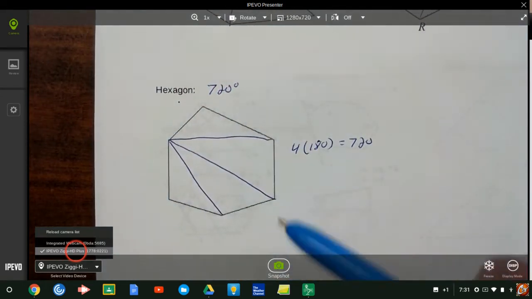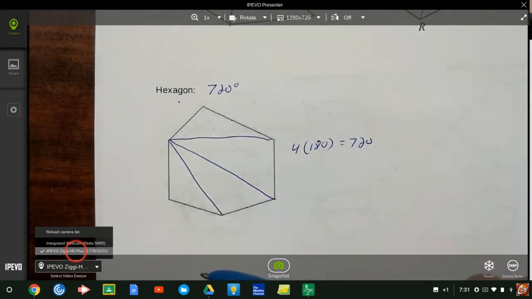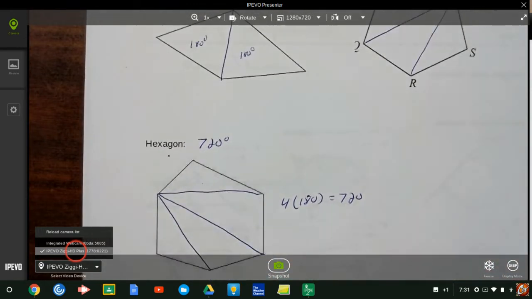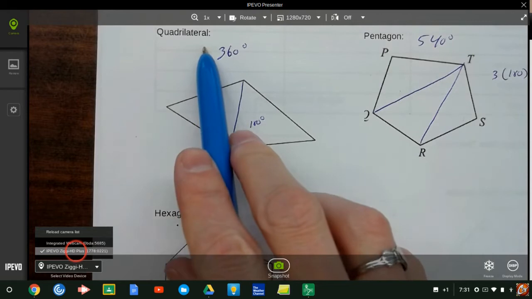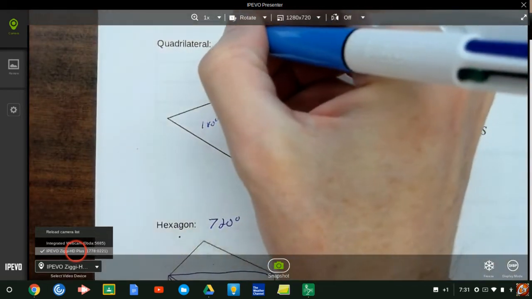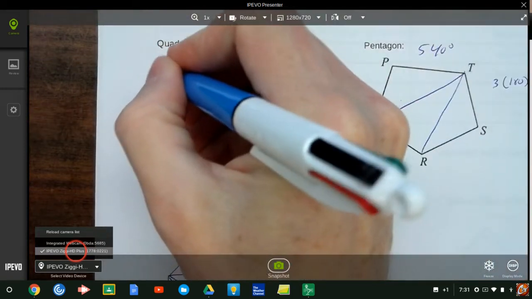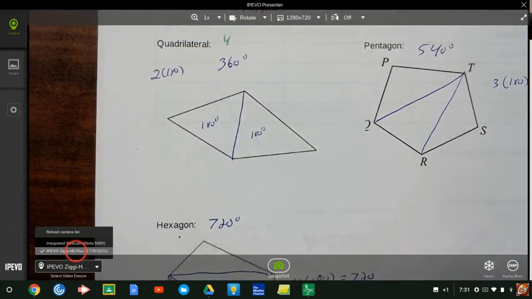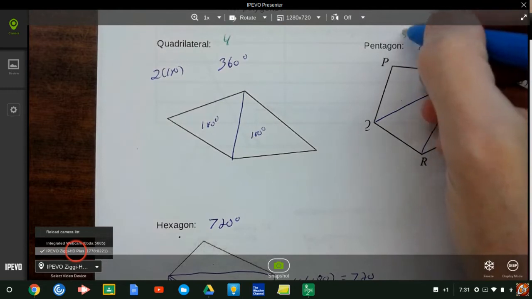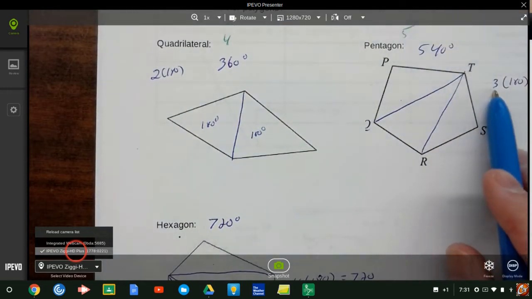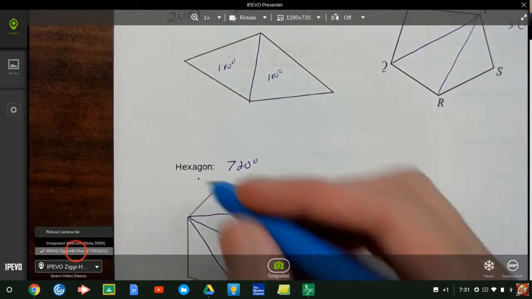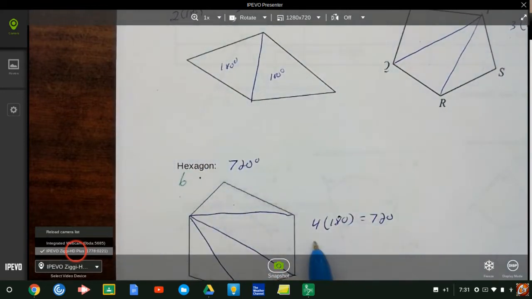It'd be nice if we could do this without having to draw these triangles every single time. So let's look at how the numbers are relating here. Quadrilateral, 4 sides, I got 2 triangles. So 2 times 180. Pentagon, I got 5 sides, I got 3 triangles. Hexagon, I had 6 sides, I got 4 triangles.